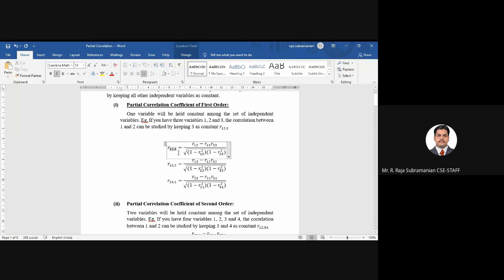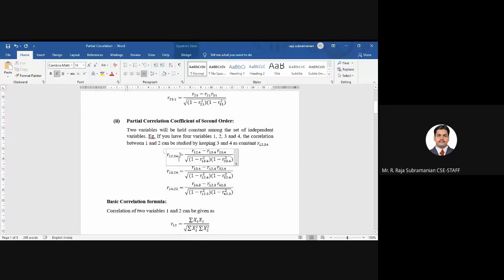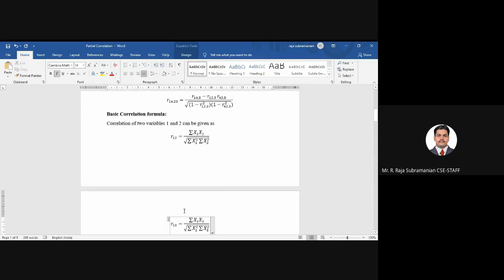Similarly, if there are four variables in total and I want to find the relationship between two variables by keeping the other two constant, that is second order partial correlation coefficient. If no variable is kept constant, it is a basic correlation or zero order correlation, meaning none of the variables is ignored from the independent variable set.